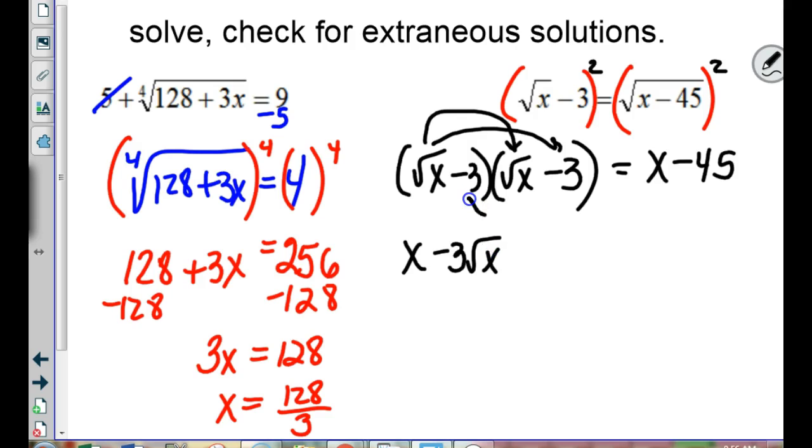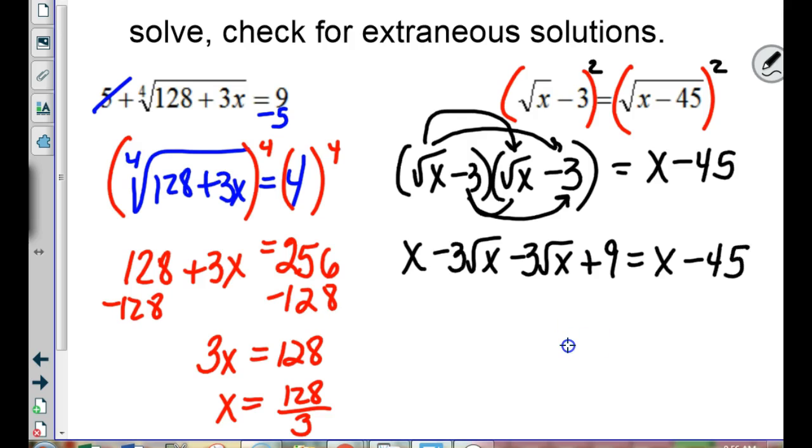Okay. The inside term here is another. And negative 3 times negative 3? Okay. The second thing we want to do is isolate the radicals, because we're going to have to do this again. Okay, if I combine these, what do I get?